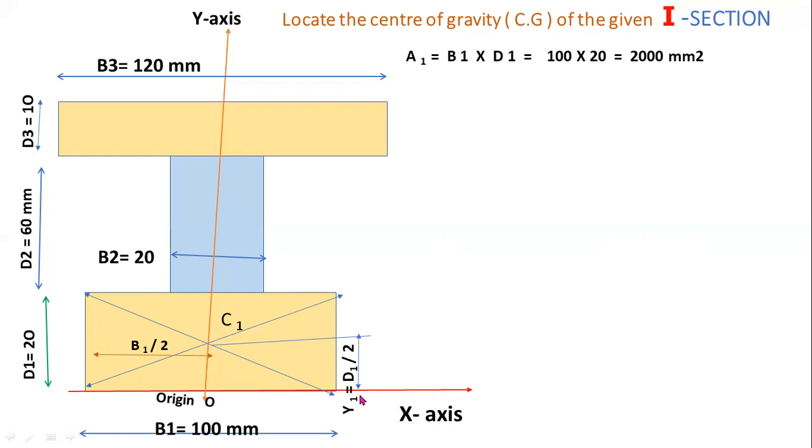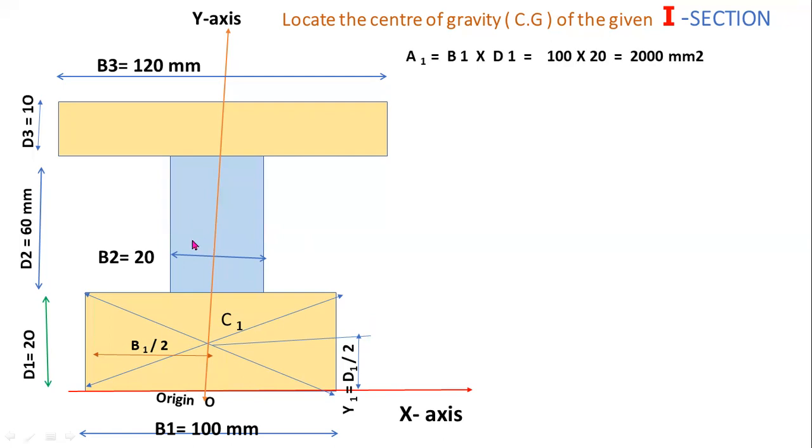We already know that the centroid of a rectangle always lies at half of the base and half of the height. So y1 equal to d1 by 2, that is 20 by 2 equal to 10 mm. y1 equal to 10 mm.